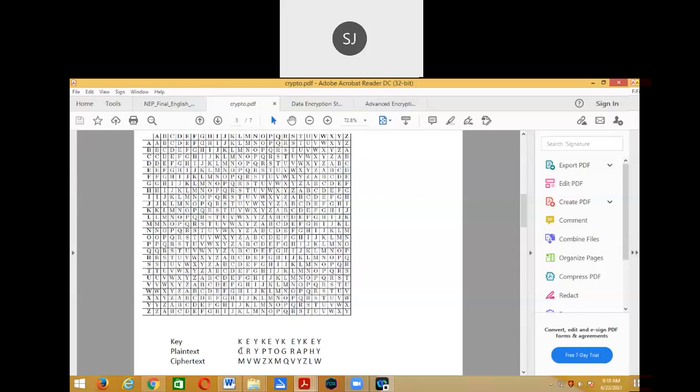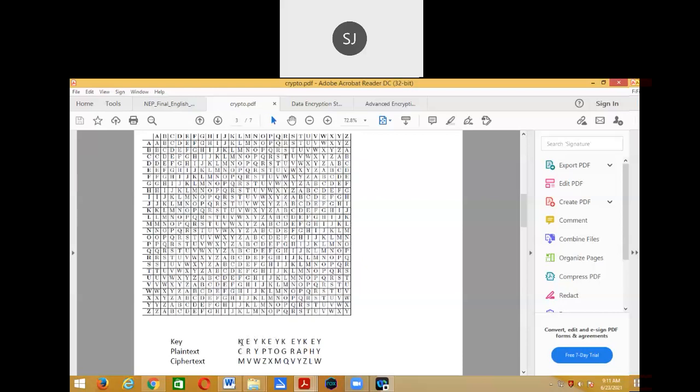Now, how do we encrypt it? For encrypting C, the key is K. So what we have to do? See, this is our matrix that we need to follow. We want to encrypt C, and the key is K. That means for different plain text letters there are different keys.